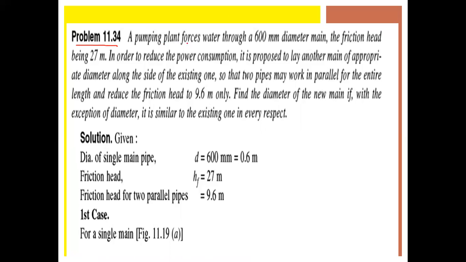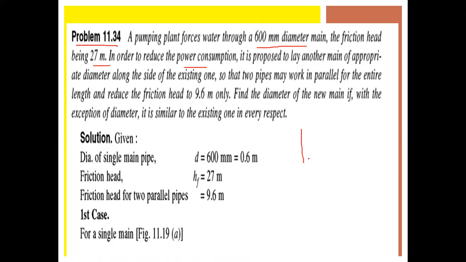A pumping plant forces water through a 600 mm diameter main pipe. The friction head is 27 meters. In order to reduce the power consumption, it is proposed to lay another main of appropriate diameter along the side of the existing one.